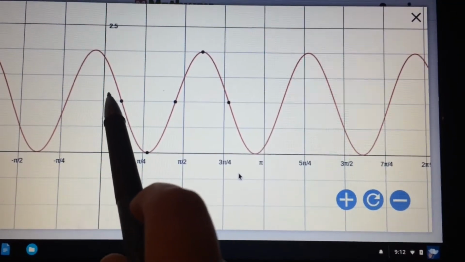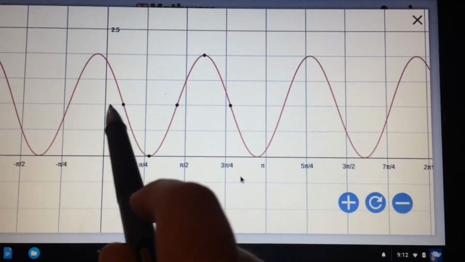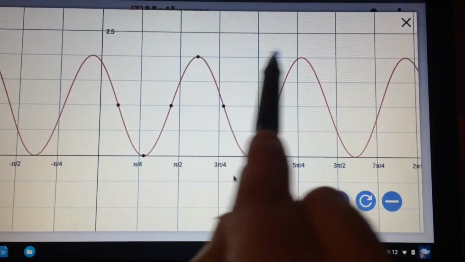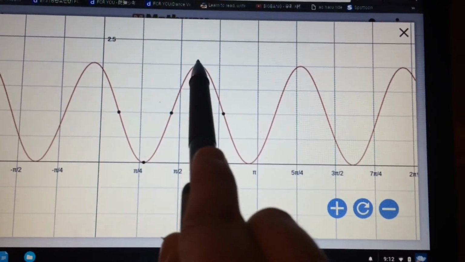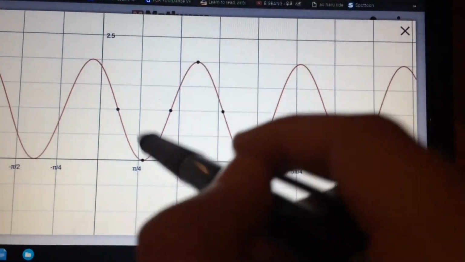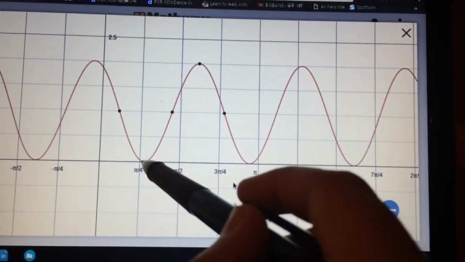And also the amplitude is 1, saying that this is 2. So the maximum of the sine graph is 2, and the minimum will be -1 here.